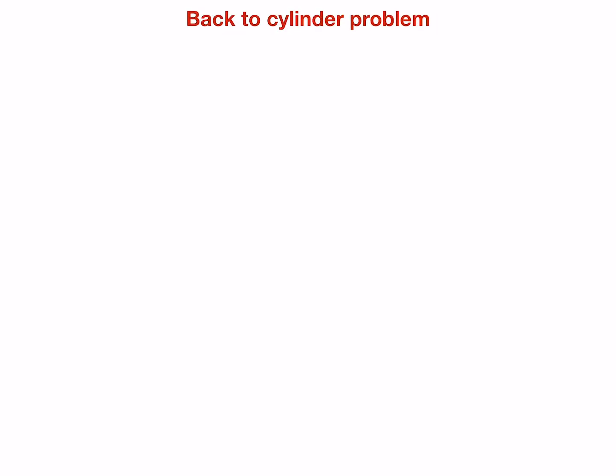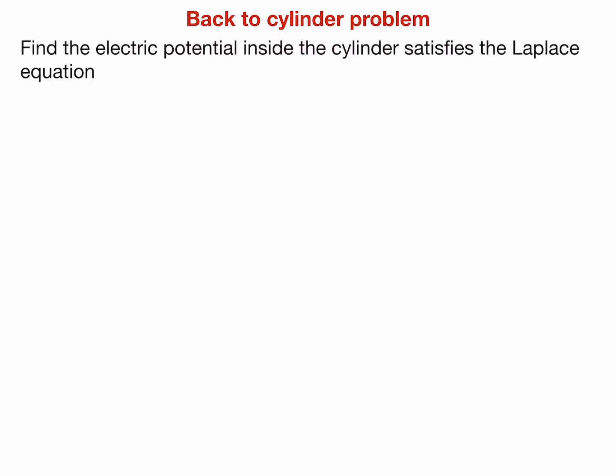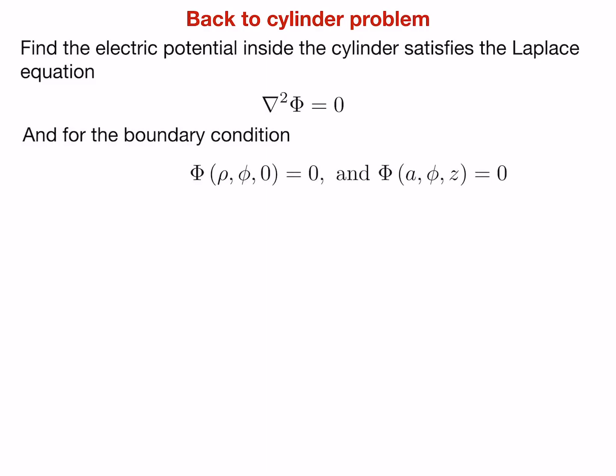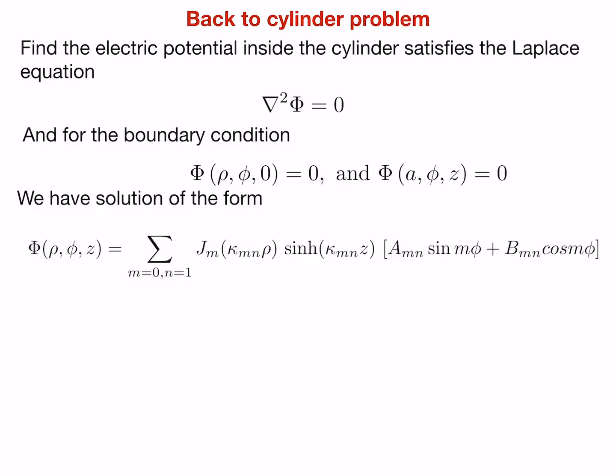Let's get back to the problem of the cylinder which we have been using, where we were trying to find the electrostatic potential inside the cylinder. We have seen that the Laplace solution comes as a Bessel function which satisfies the following boundary condition.